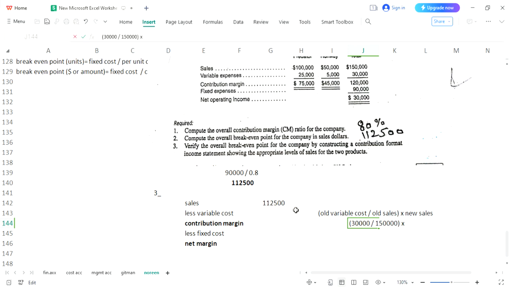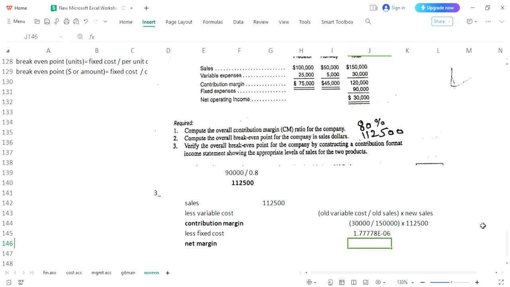Here are new break-even sales, 112,500 is present. Now put this statement on the calculator. 30,000 would be divided by 150,000, and then you will multiply it by 112,500.